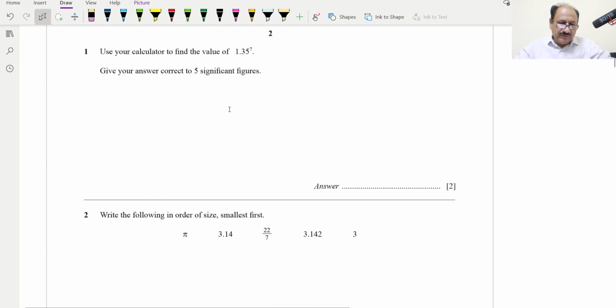Question number 1 says, use your calculator to find the value of 1.35 raised to the power 7. Give your answer correct to 5 significant figures.